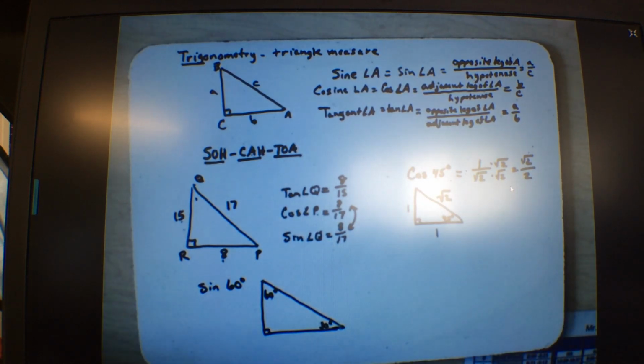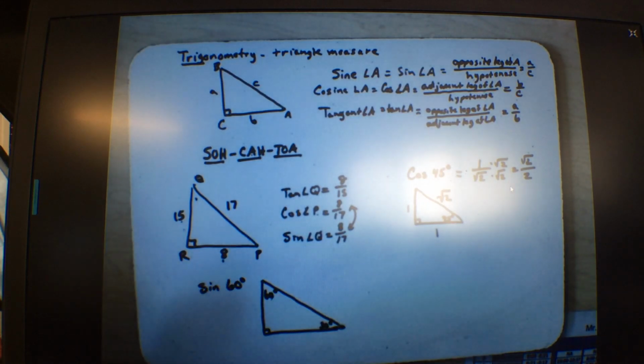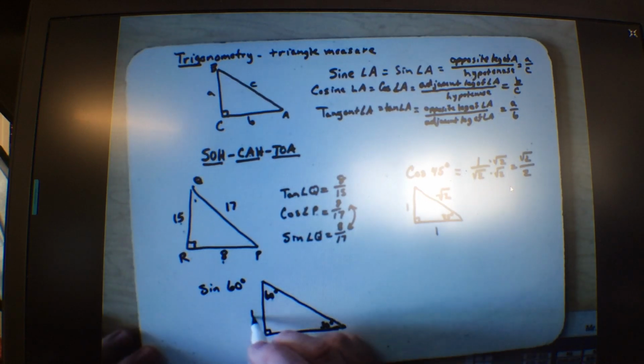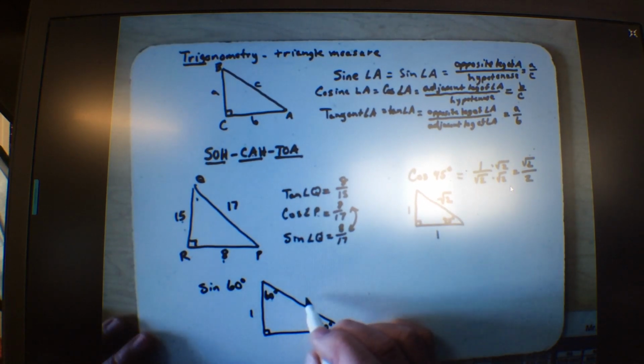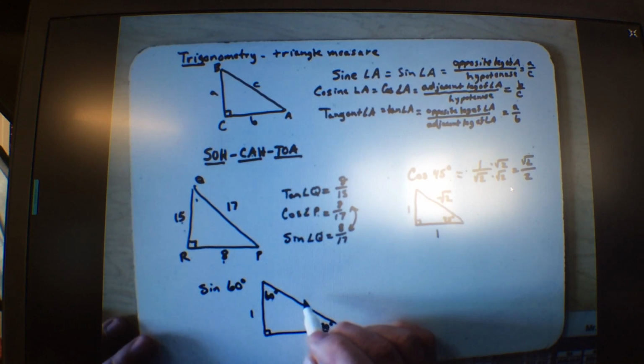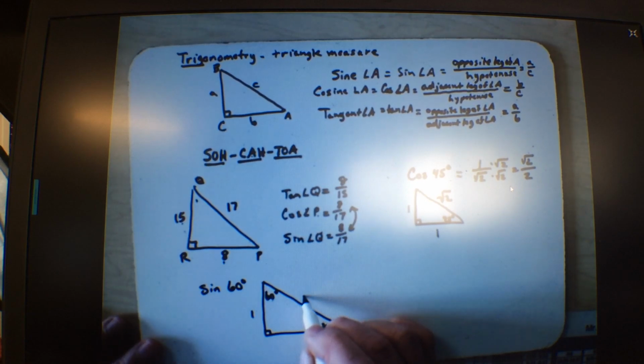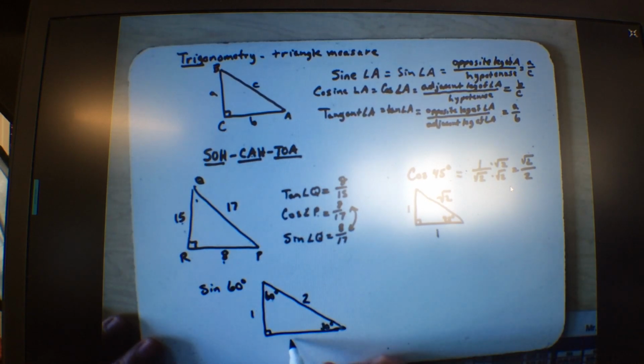Now, we want to choose our lengths. We can choose them anything we want, right? But let's choose the shorter leg. And what should it be? 1. Very good. And if it's 1, what's the hypotenuse? How big is the hypotenuse compared to the shorter leg? Times 2. So it is 2, and then this is?